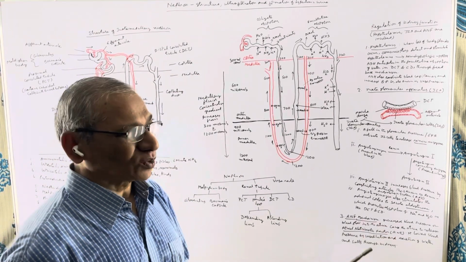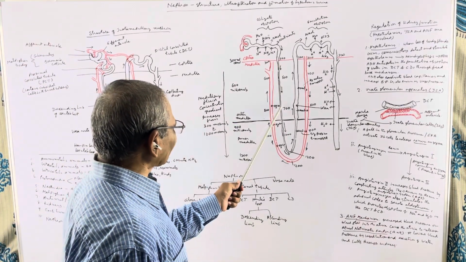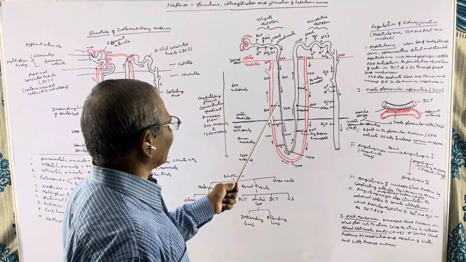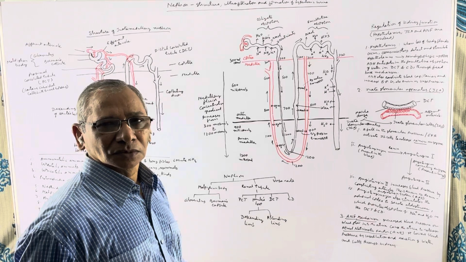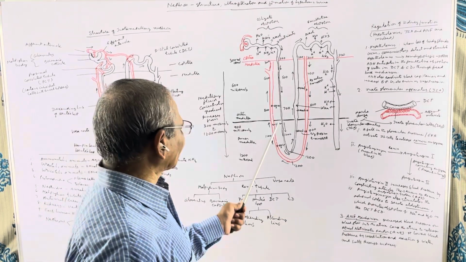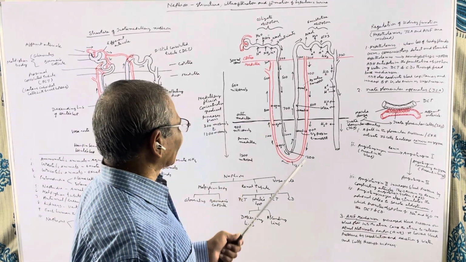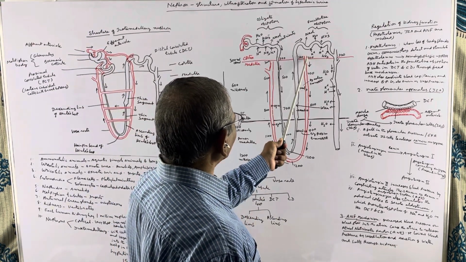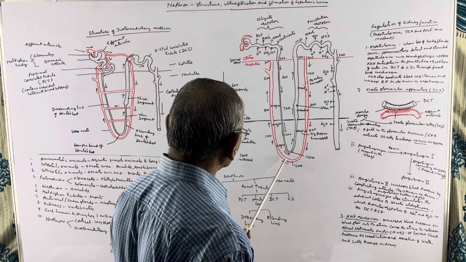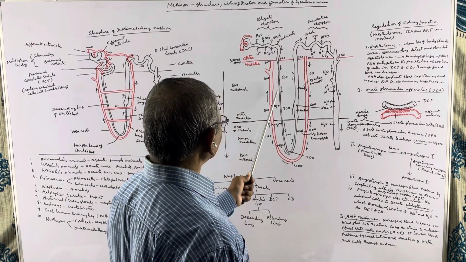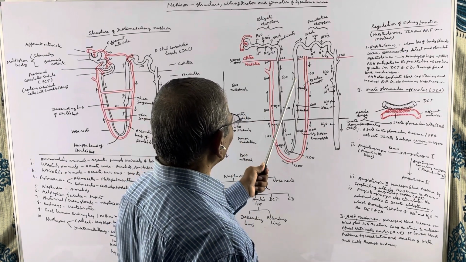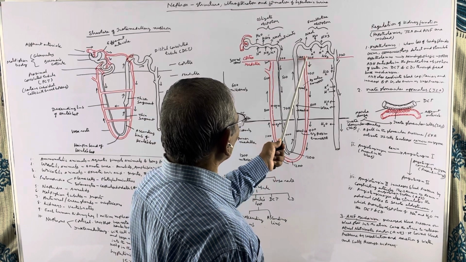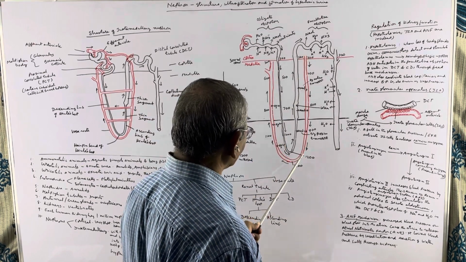So to avoid this, the water coming out of the descending limb of the Henle's loop enters the ascending limb of the vasa recta. Here I have to tell you one more point. Blood in the vasa recta flows in this direction. So just like the glomerular filtrate, the osmolarity of the blood also increases from here to here.